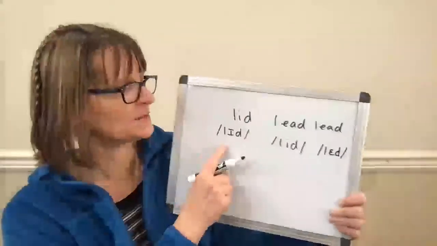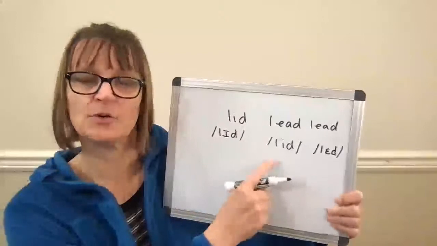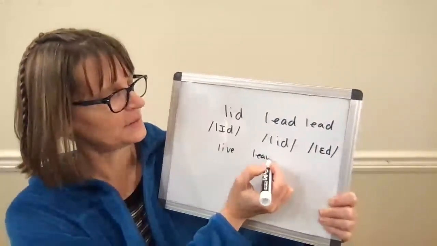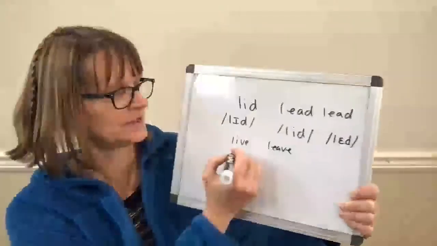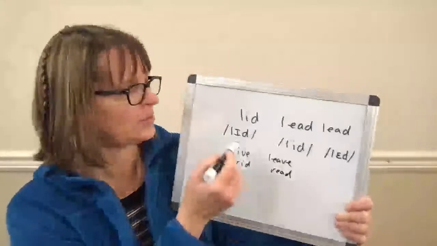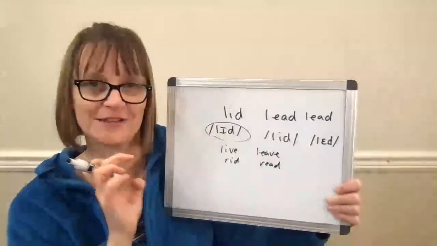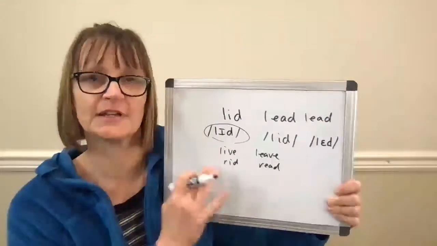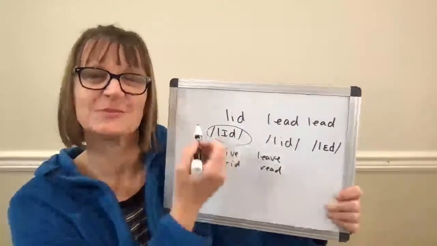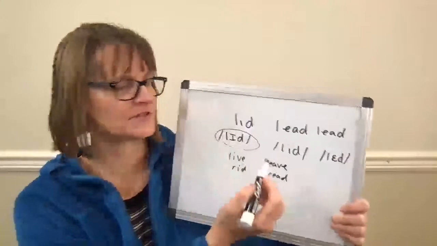To get the difference between lid and lead, or similar words like live and leave, I have a number of videos for this, rid and read. What you want is to be able to, probably for most people, learn how to do the I vowel, learn words like it and didn't. But it's most challenging in these kinds of contexts because they're similar to each other with the other sounds.